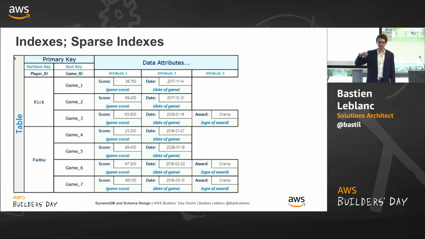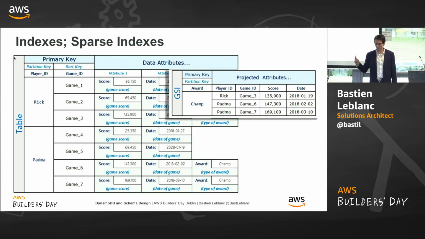Okay? That's all well, but that's probably going to be a large table if you have a very successful game. And let's say now I want to display every gamer that won an award. If I don't do anything, I will have to scan the whole very large table to fetch only this field.